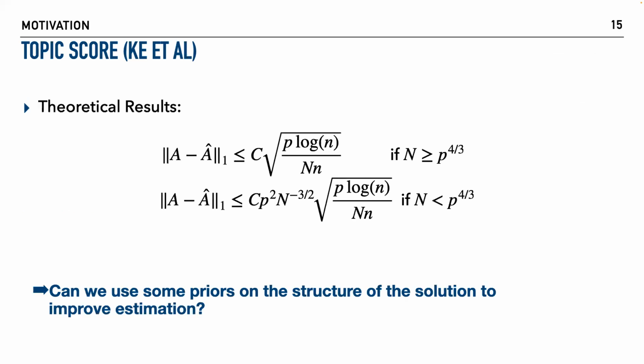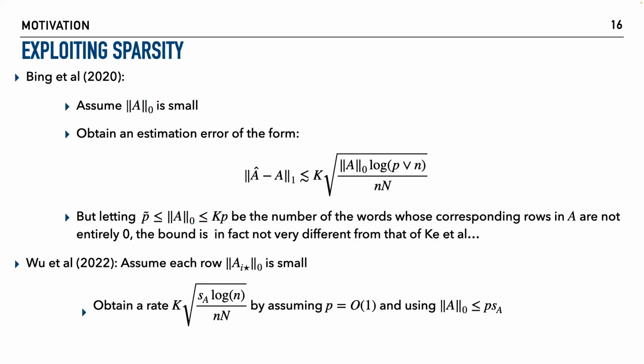So the idea that we had was: can we use some priors on the structure of the solution to improve this estimation, and in particular deal with the fact that the dependency of the error bound on the dictionary size is a little too strong? This leads us to additional work in the literature.